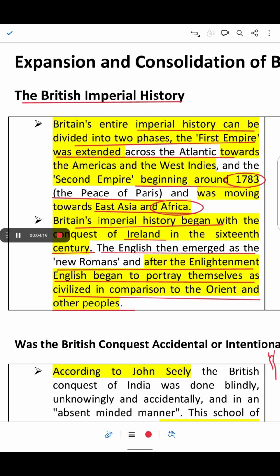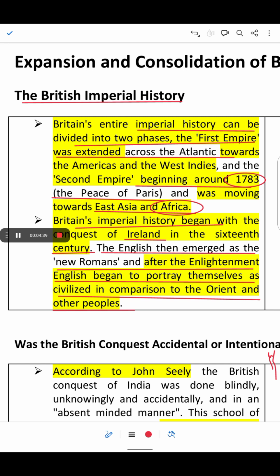Uncivilized or backward places. Now here is the question: why did the British consider themselves the New Romans? The answer is that the British admired the Roman Empire for its strength and organization.